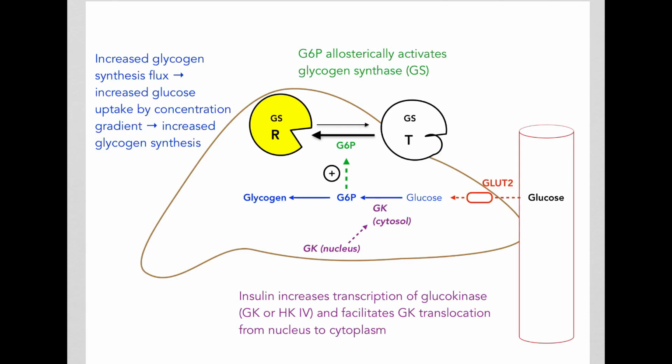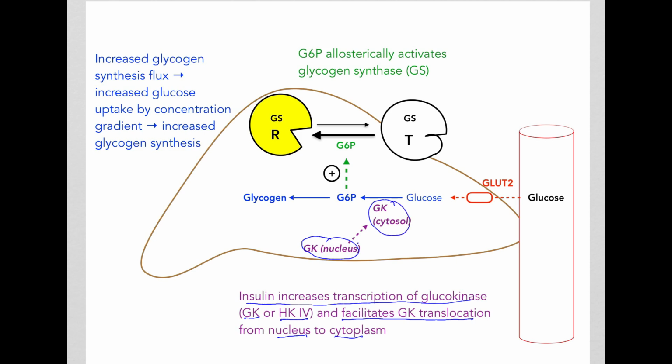Now, insulin increases the transcription of glucokinase, GK, also called hexokinase 4, that is found in the liver, and it also facilitates the transport of glucokinase from the nucleus to the cytoplasm. So not only do we have more glucokinase, but this glucokinase is transported from the nucleus to the cytoplasm.